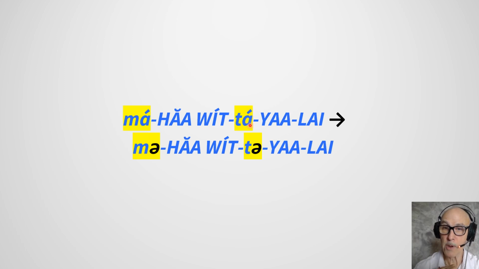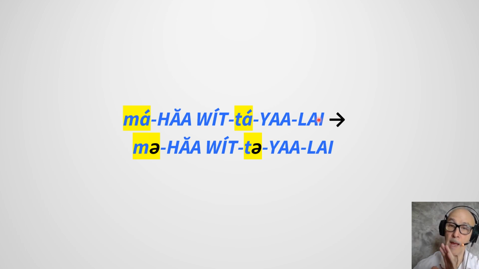Again, you can hear the vowel and a little bit of a pitch change moving upward in this tone, wi, ta, and then these 2 are level tones, ya, lai. So something like ma, ha, wi, ta, ya, lai.